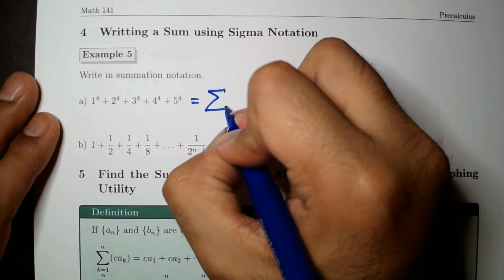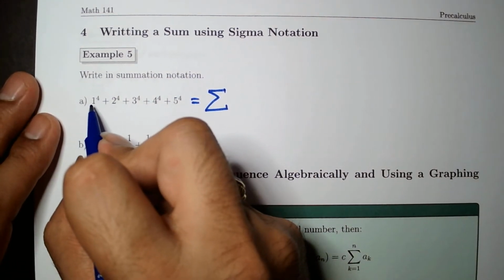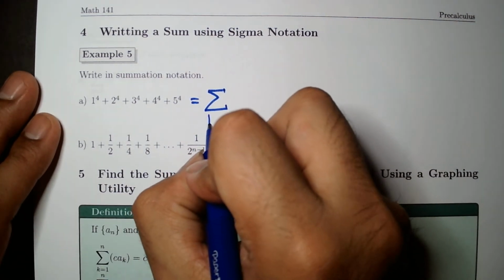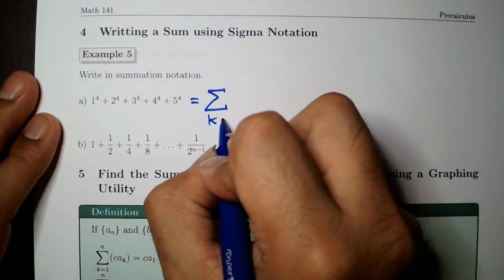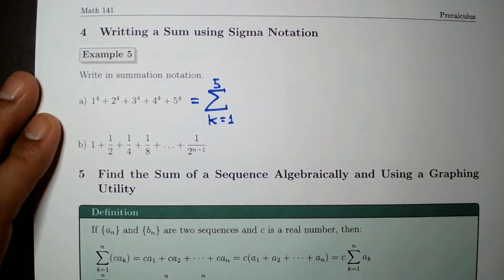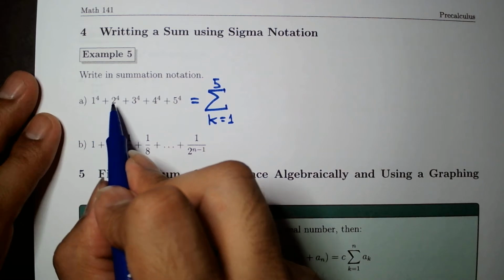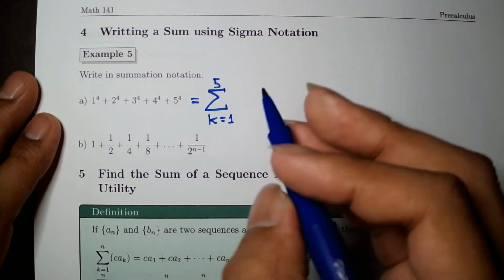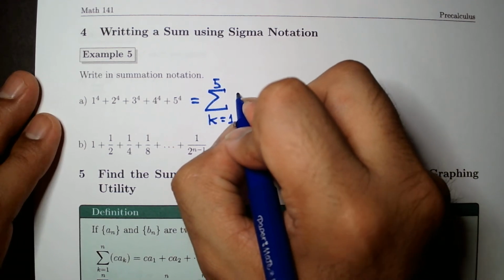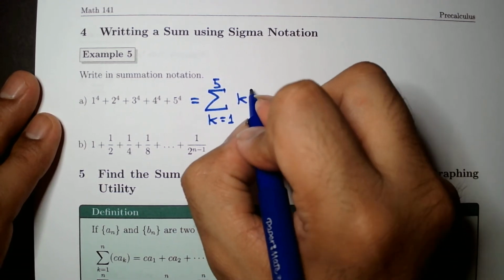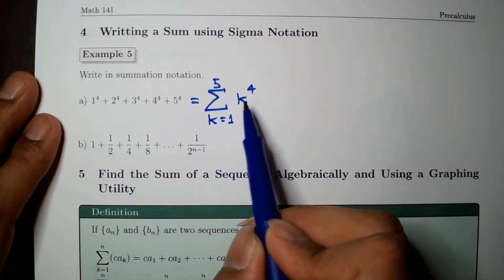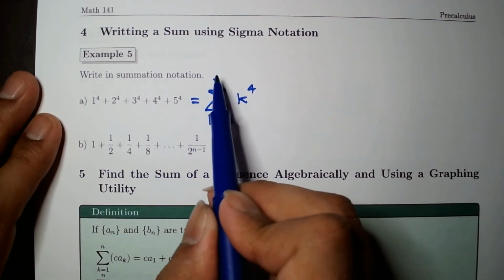The numbers go from 1, 2, 3, 4, and 5, so the general term starts at 1 and goes all the way to 5. And notice all these terms have a power of 4. So I would say k to the 4th power, with k equals 1, k equals 2, k equals 3, all the way to 5.